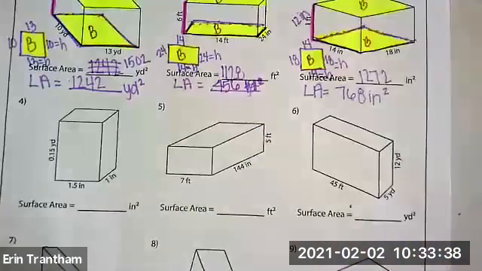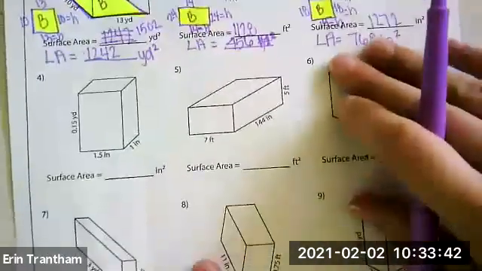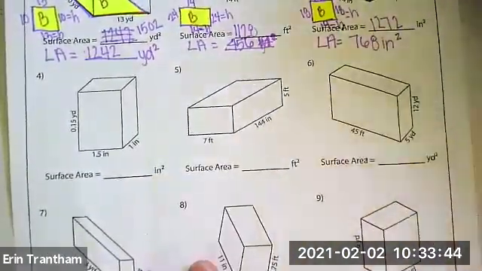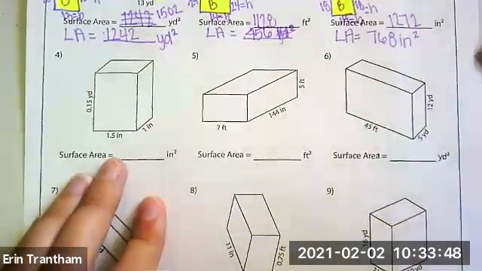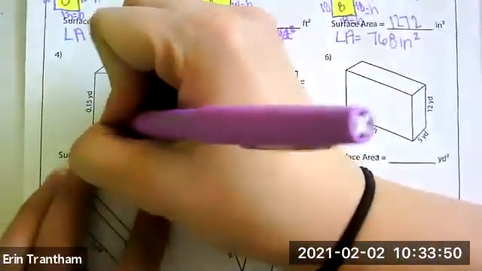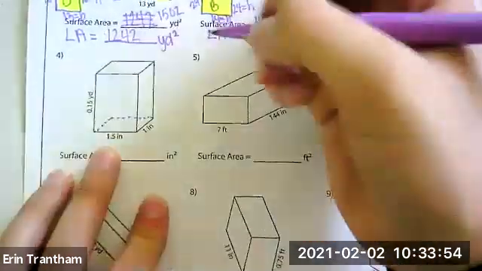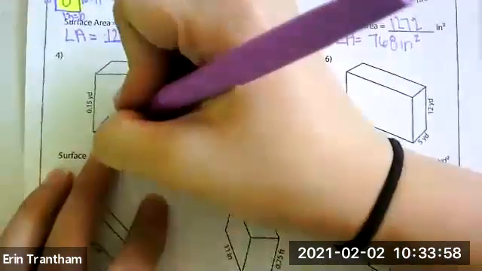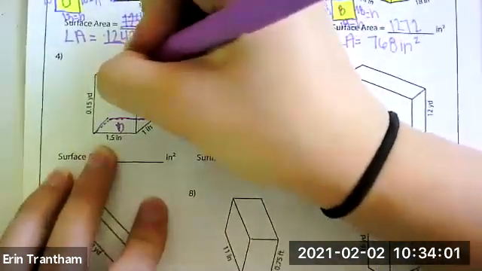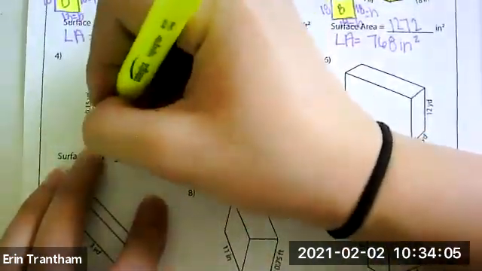Okay. Now we're gonna do number 4. We're gonna draw on our base, or I'm going to, just so you can see this is the bottom. If this is my base, the top's my base as well because it's congruent and parallel. It's the same.